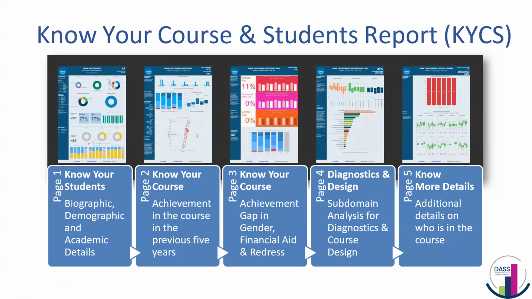The first page of the report, like I said, is about courses and students, and it is about the students themselves. So a lecturer would have a sense of who the students are that they are dealing with, that are enrolled into their courses at the beginning of their semesters.